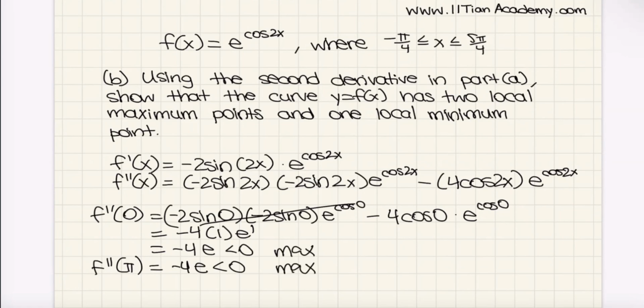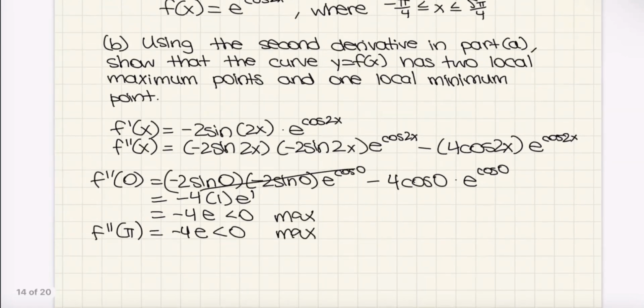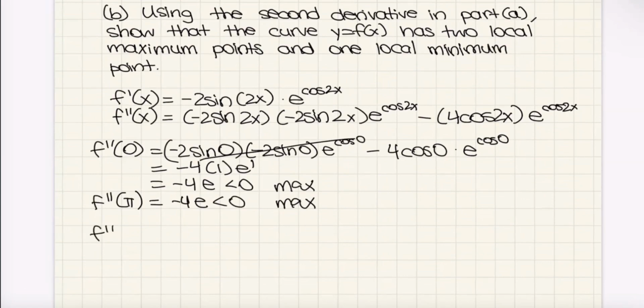And then last but not least, what if we plugged in pi over 2? Well, that's going to be a bit different, so I'm actually going to do the work of plugging that in.